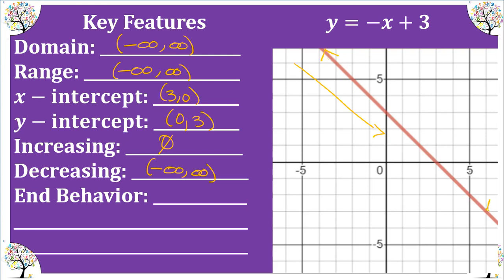On the right side, my end is going down. So as x approaches negative infinity, this way here, f of x approaches positive infinity, up here. Then as x approaches positive infinity, this way, f of x approaches negative infinity. It is going down.